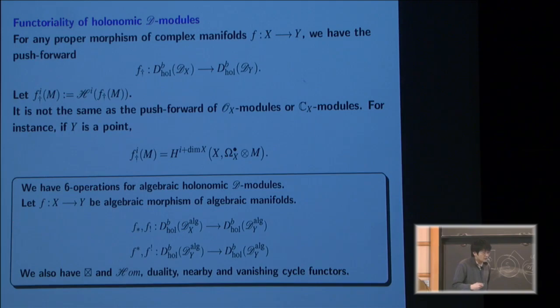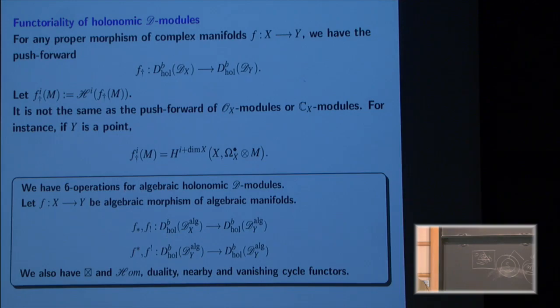Sorry, did you say what algebraic meant in this setting? So I explained the complex analytic setting, but we can also consider algebraic holonomic D-modules, by using the Zariski topology and algebraic differential operators, and we have similar things.